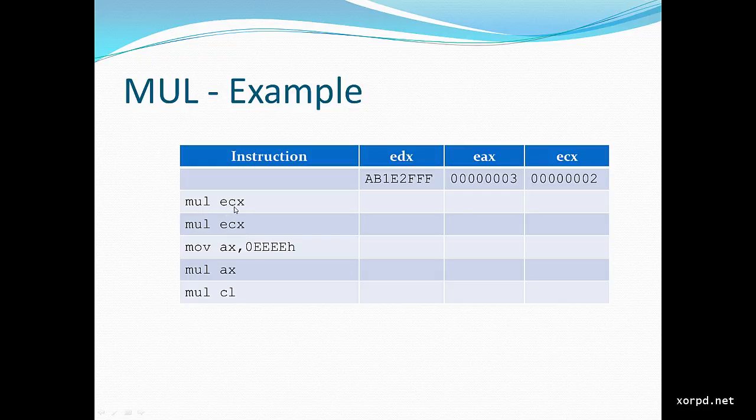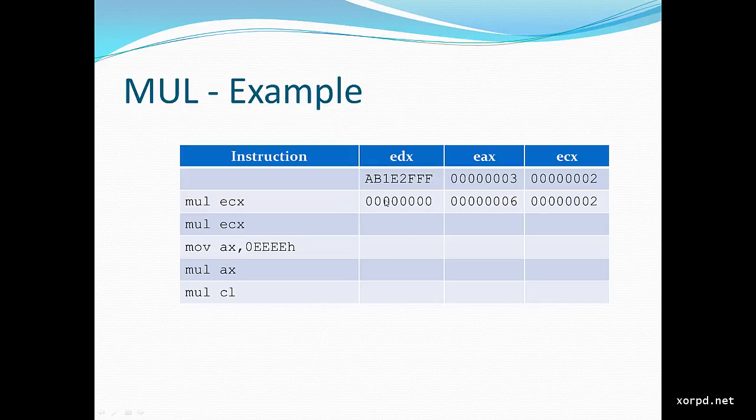This is going to multiply EAX by ECX and store the result inside EDX EAX. Take a look at it for a second. Indeed, we had 3 and 2, and we multiplied those two values. As a result, we got 6.